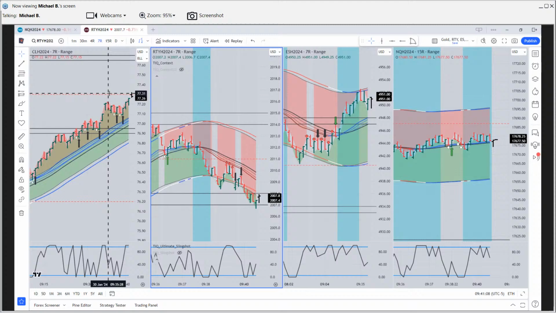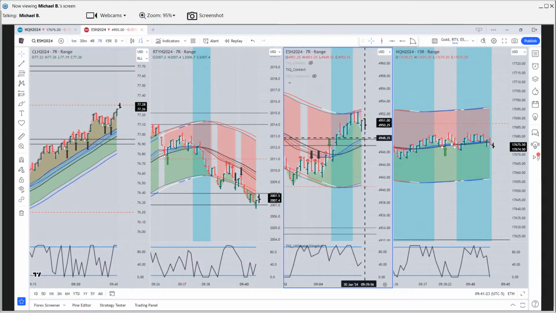Now the Russell has changed directions here. It's gone into the zone again. This is the same zone it was in before when we started, wasn't it? I guess it wasn't. It was the zone above. Well, we got rejected by it before, so we'll just have to watch it and see what happens.